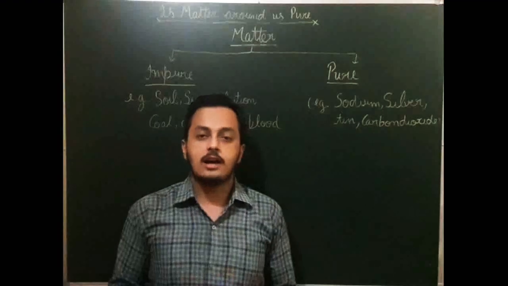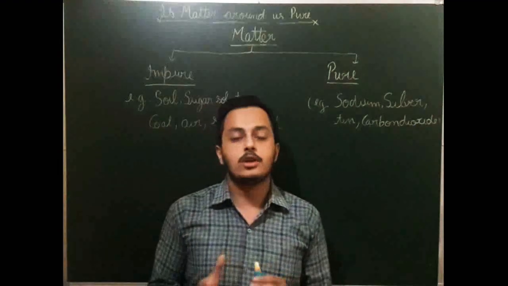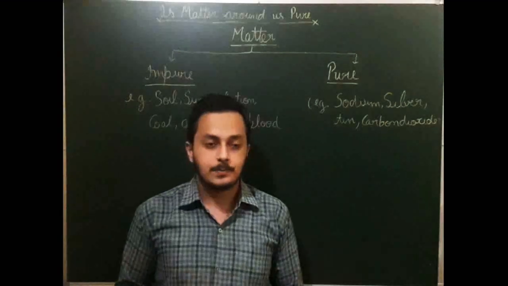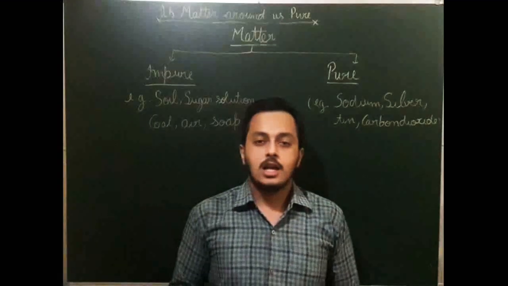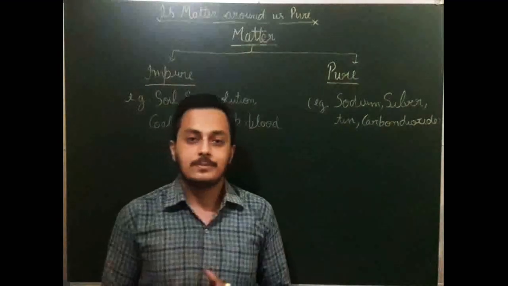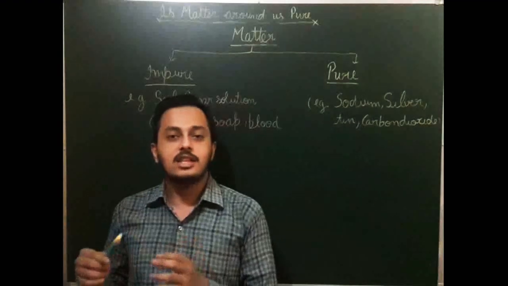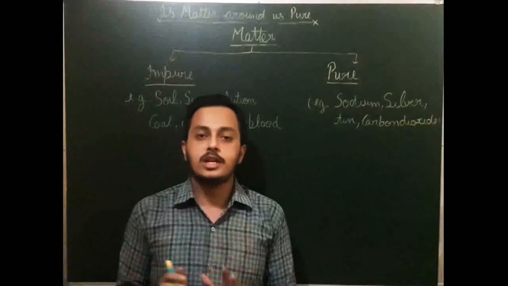Dear students, I have taught you that pure substances are made up of only one kind of particle. In chemistry, as you must know, scientists are never calm and are always working.